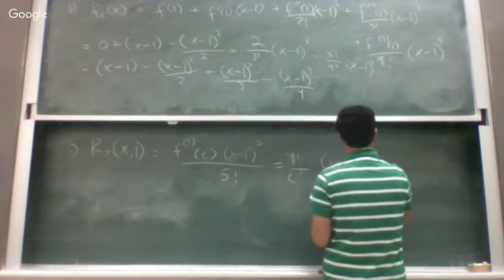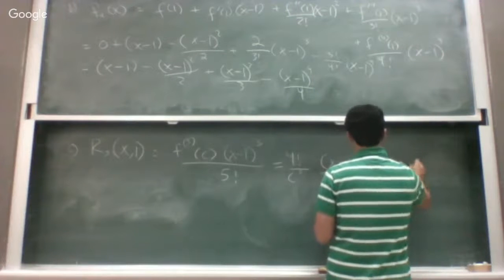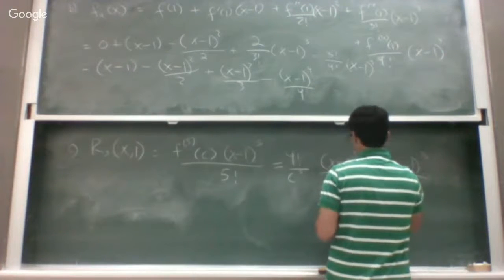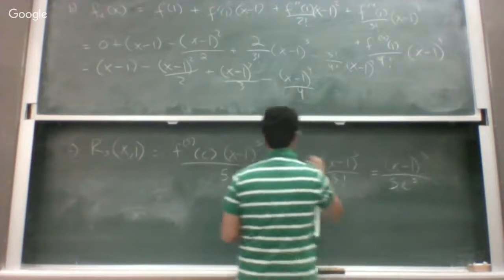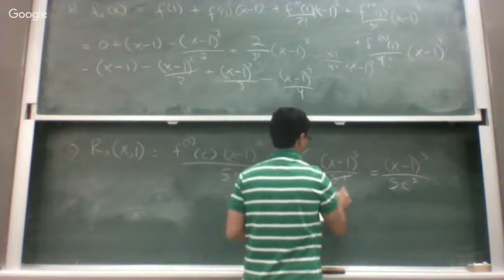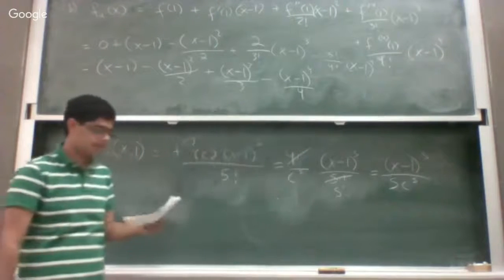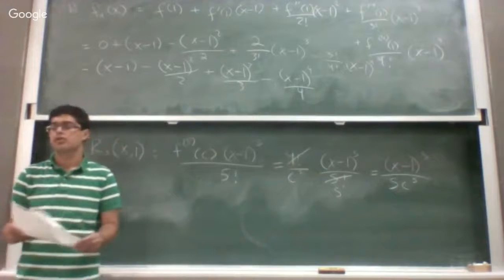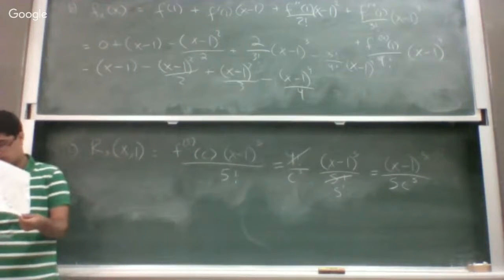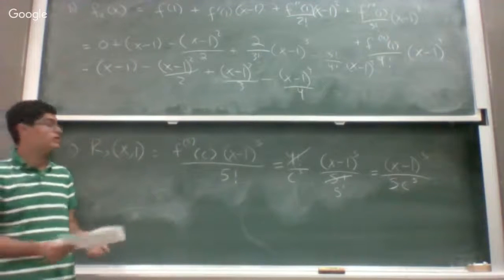That's equal to (x minus 1) to the 5th divided by 5 times c to the 5th, because that goes away and we're left with a 5.